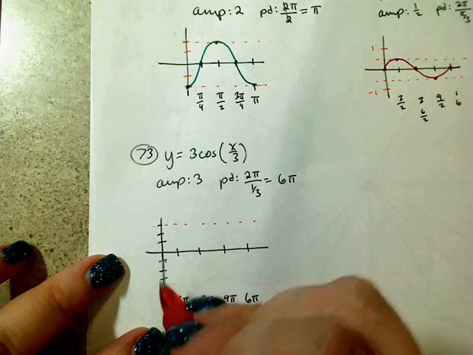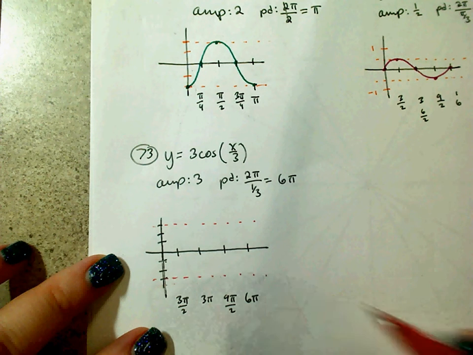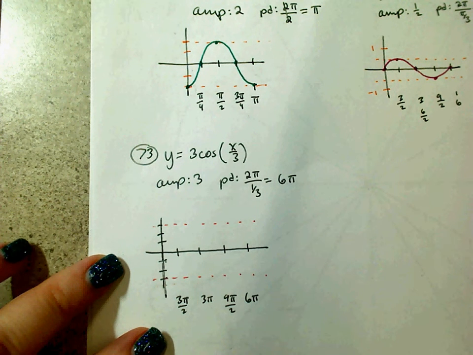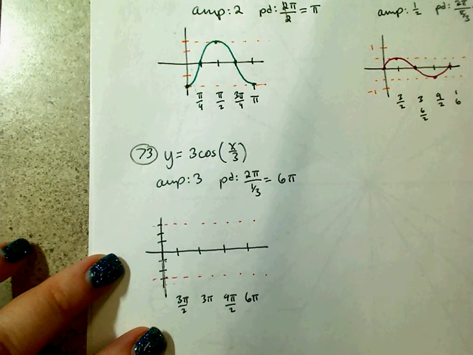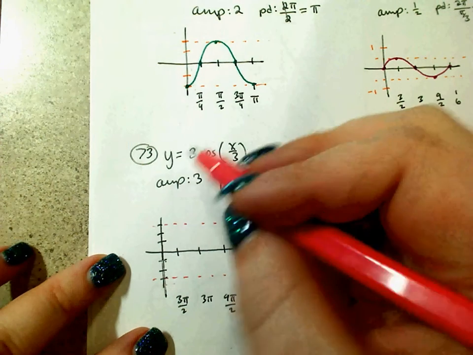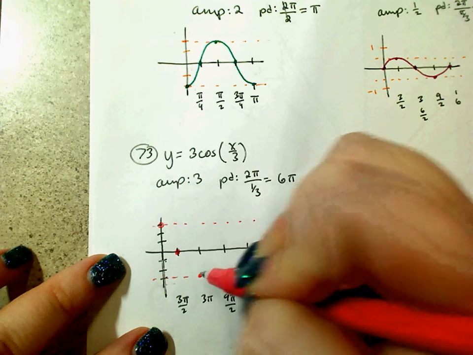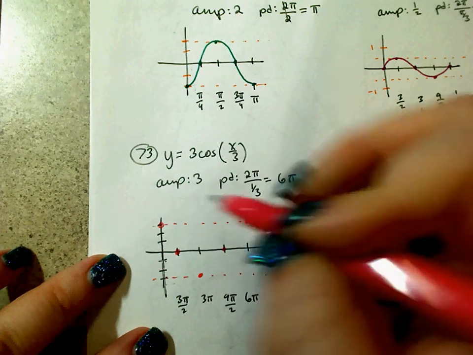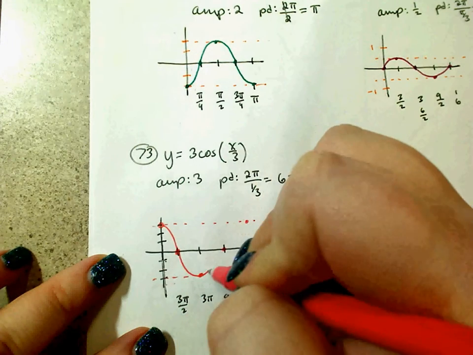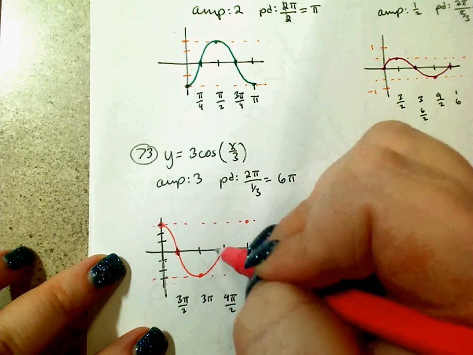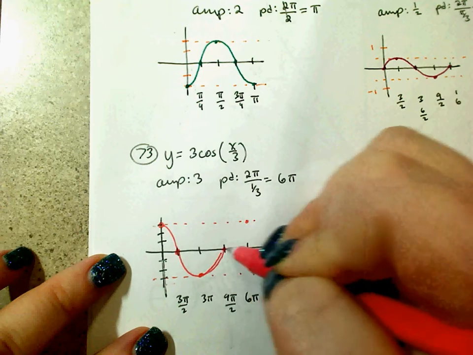So closer. So up 3, down 3. And your cosine wave starts, because it's a positive cosine wave, so it starts at the max, midline, minimum, midline, max. So your cosine wave in general, that's definitely not the same scale. That's terrible. Oh well. And there you go.